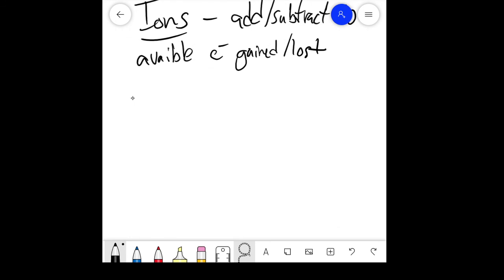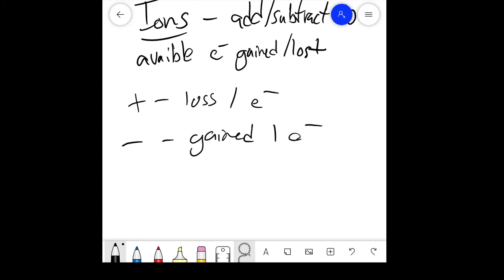So remember, if you have a plus ion, you've lost 1 electron. If you have a negative ion, you've gained 1 electron. So just don't forget to add those to your available so you have the right amount.